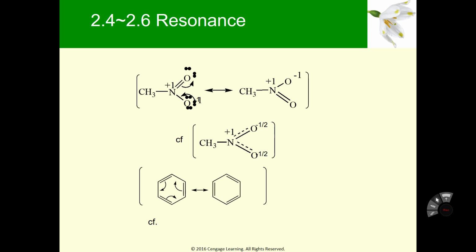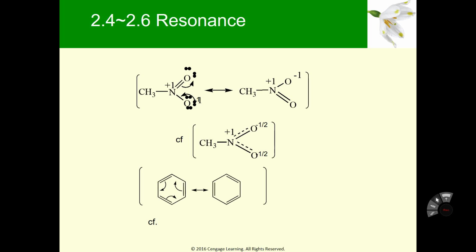Even though we draw the structure using lines and dots like this, the electrons are very small particles, and you cannot see them. Also, the electron is so small that it has a dual property.